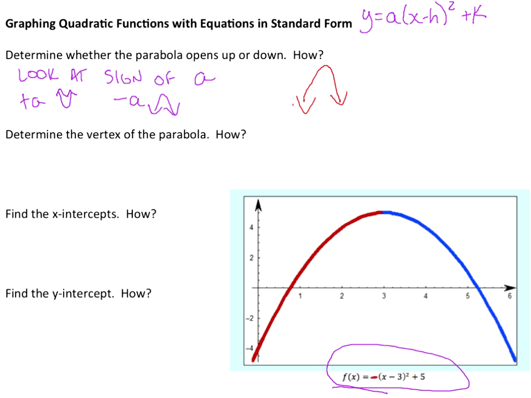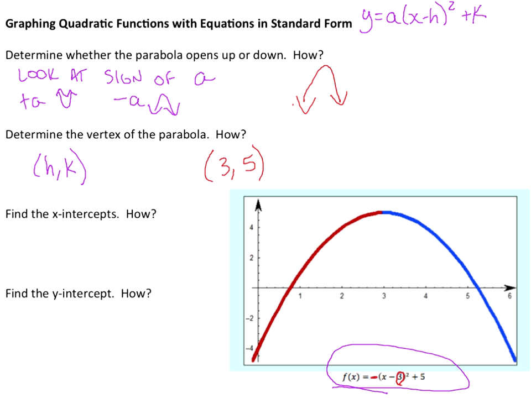In this particular form, the vertex of the parabola is given by (h, k). So the vertex with this particular parabola is (3, 5). Now notice it says minus in the center, so sitting in the position of h is a 3. If it said plus, I need to change it to minus and negative.